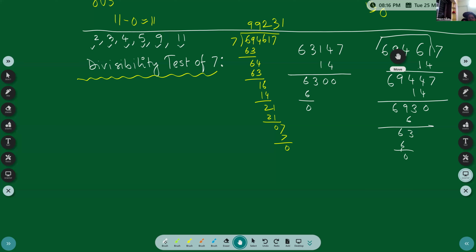Sir, may I answer? Yes, that is what I was searching for. Sir, if we divide 100 by 7, the remainder is 2. And as we are taking from the last digits, the unit place and then the hundred place.